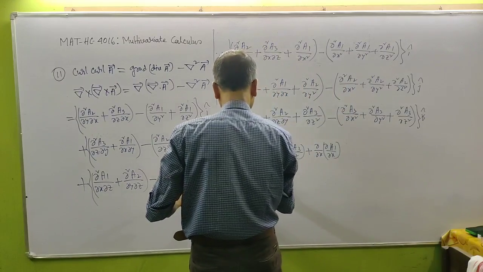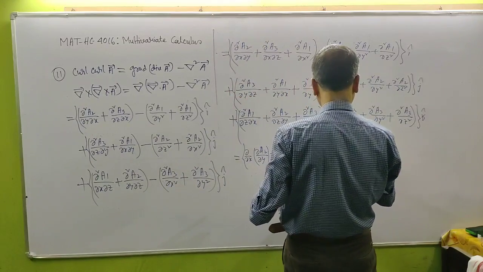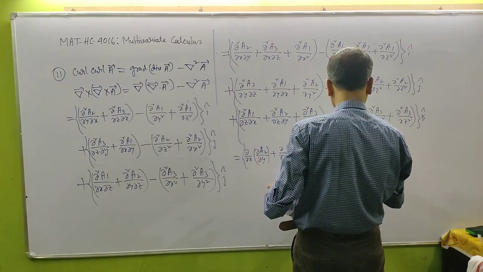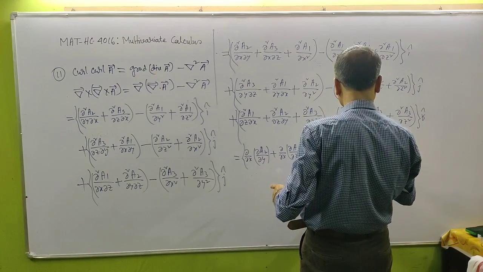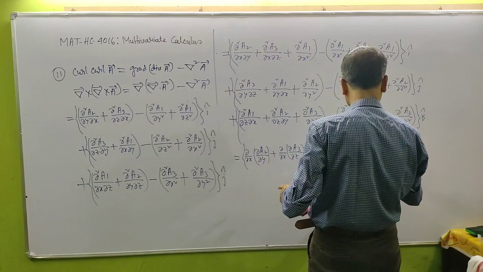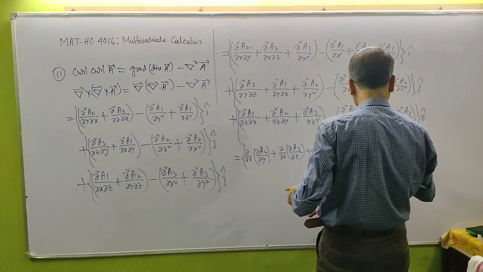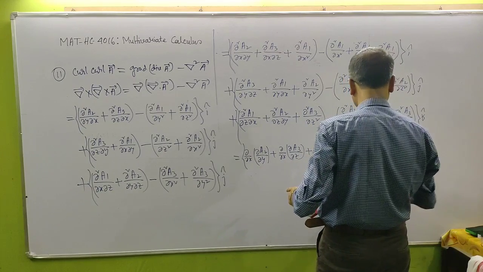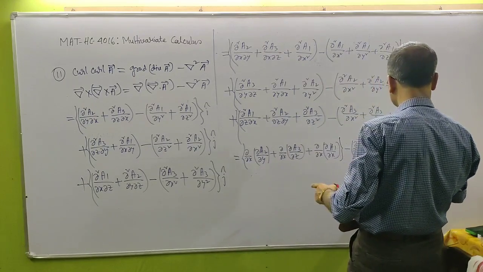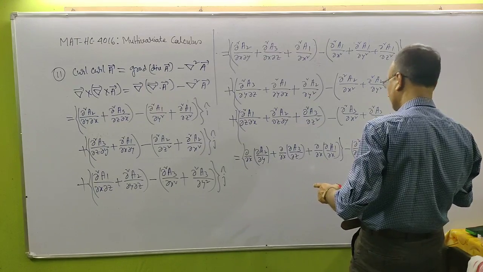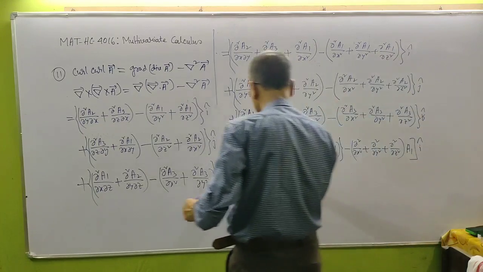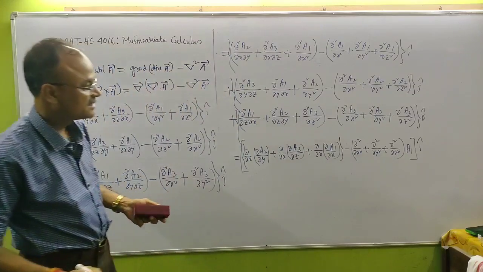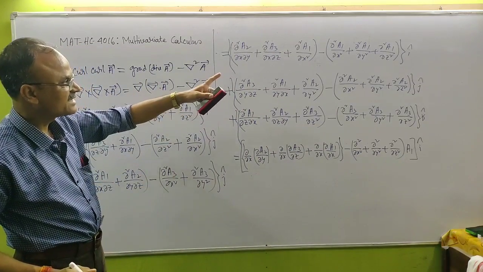You will get this, minus del square by del x square plus del square by del y square plus del square by del z square A1. You get i cap. Can I write like this? Definitely I can write like this.